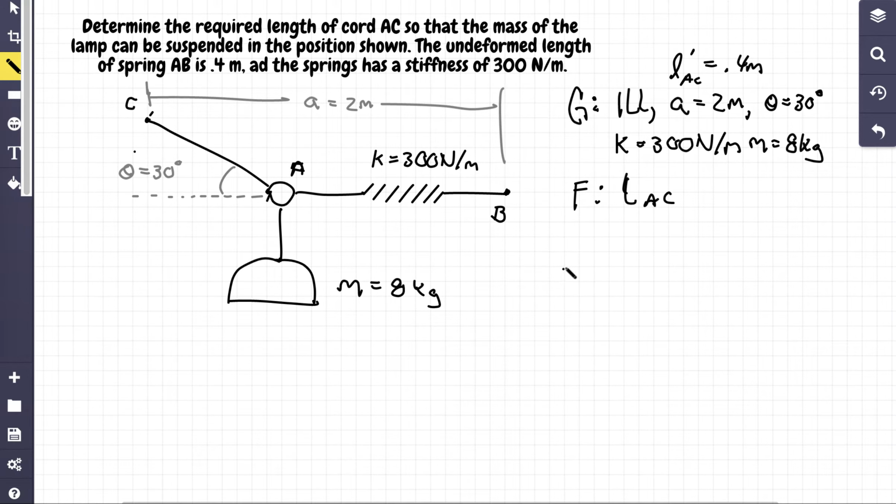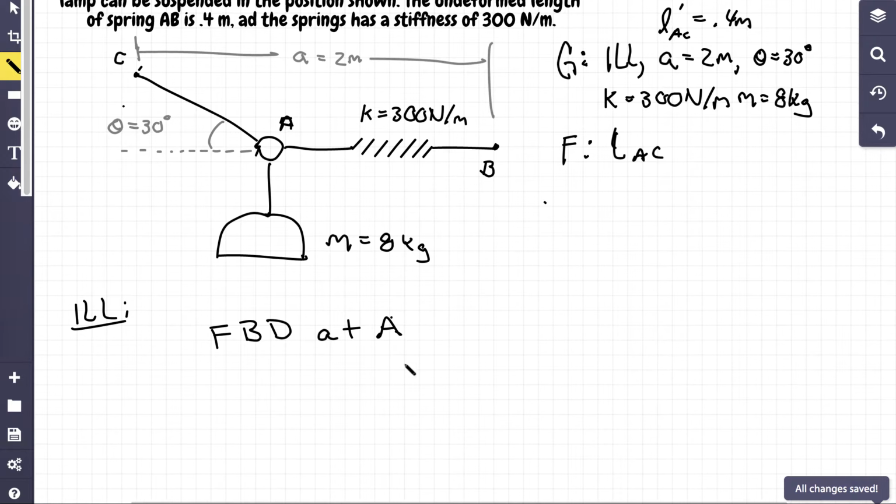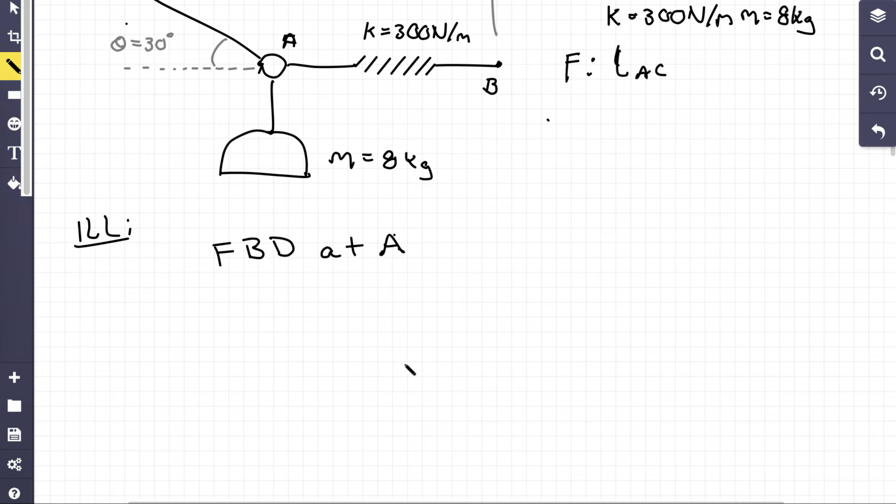So let's draw a free body diagram, and we're going to illustrate that down here. What we're going to do is draw a free body diagram just concentrated on A. This is known as a particle free body diagram. We're not drawing much of anything else. So first and foremost, that ring, we can say that looks like an A, and that it's just a point.